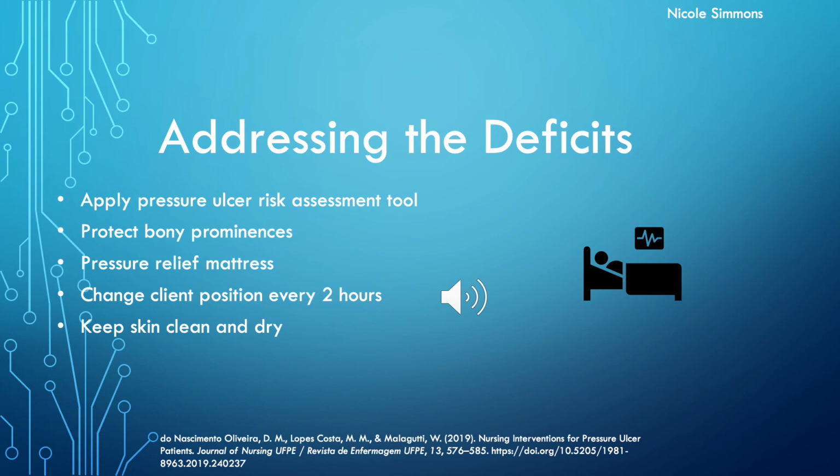It addresses certain risk factors and uses those to predict the level of risk for a pressure ulcer on a client. The lower the score, the higher the risk for a pressure ulcer to develop. Also, protecting bony prominences is an important aspect.